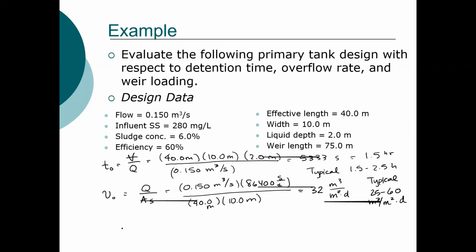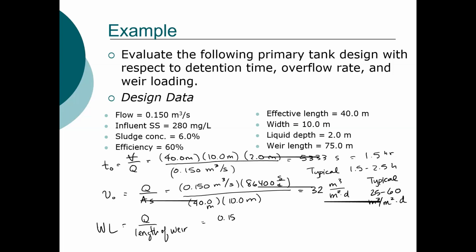Okay, and the last is the weir loading. Again, this is the flow rate divided by the length of weir. Again, same theory that we've used before. Again, this is given in inverse days.